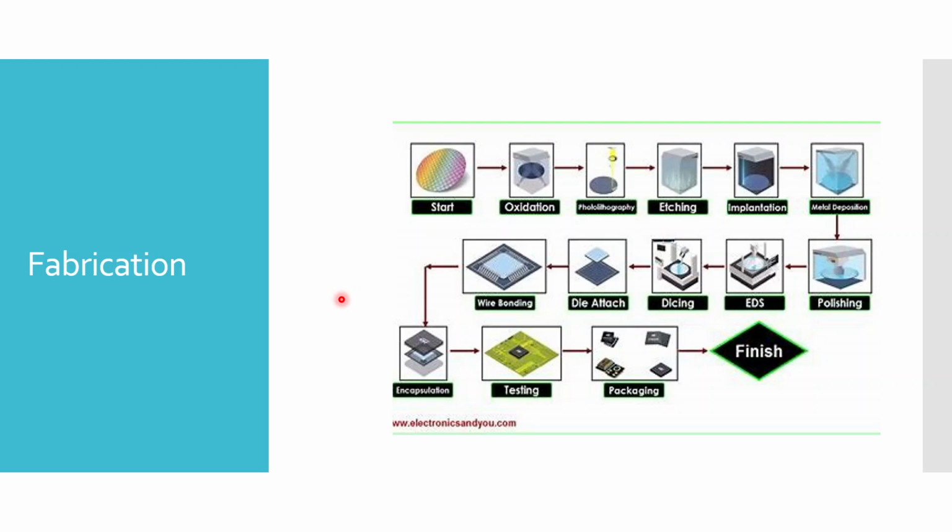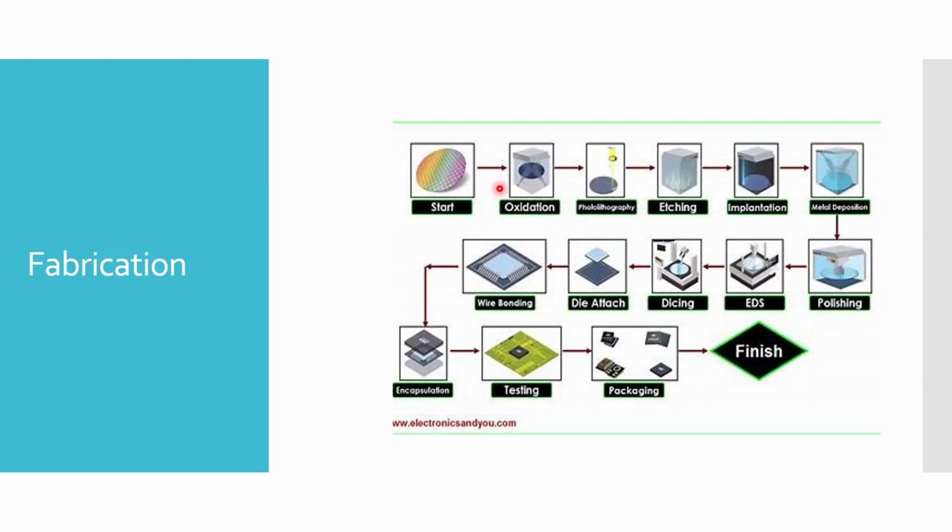When we say fabrication, you can see that the first block, represented as a start block, includes one circle, and that circle is called a silicon wafer, the platform of silicon on which we are going to fabricate our IC.